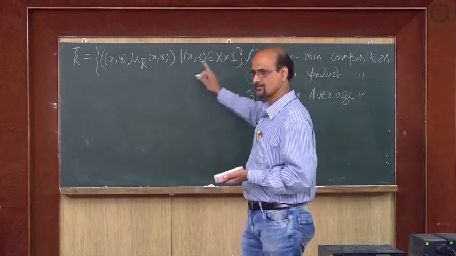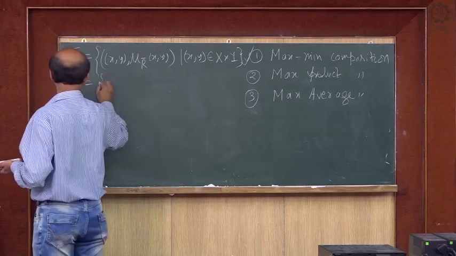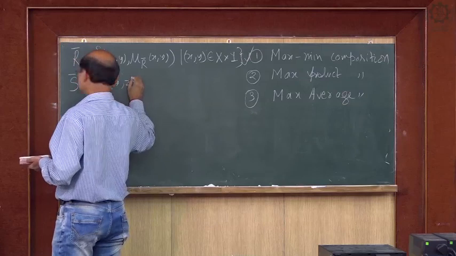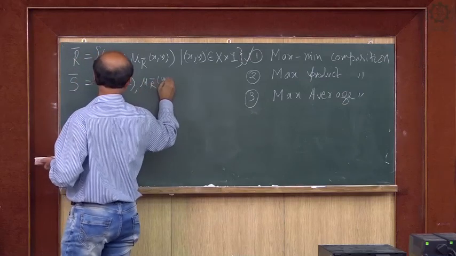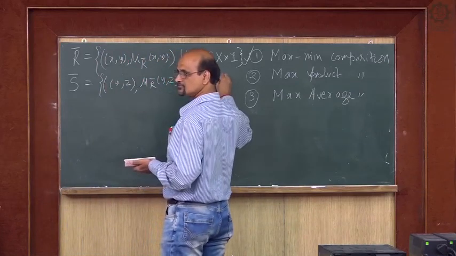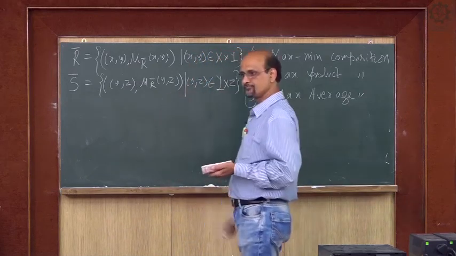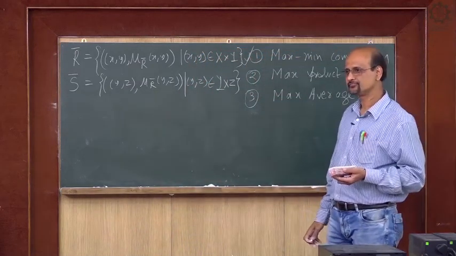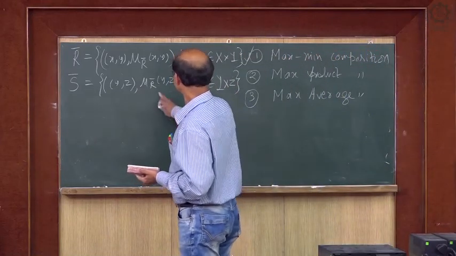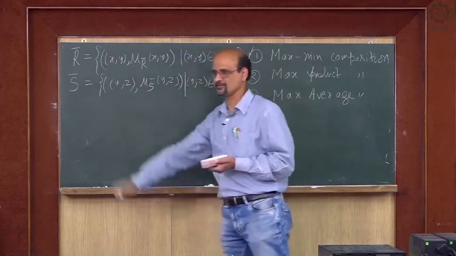from X to Y. Now, if I say Y to Z it is S, so we will write then what? Y to Z, so I will write (y, z) comma mu S bar (y, z) such that (y, z) belongs to Y cross Z. Yes, mu S bar, because I have taken S bar here.